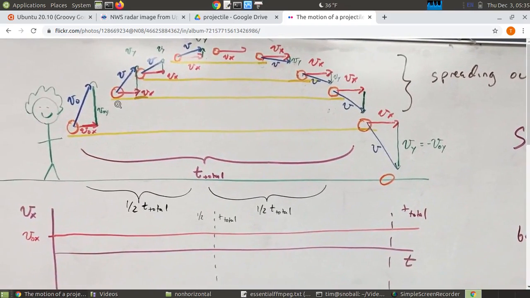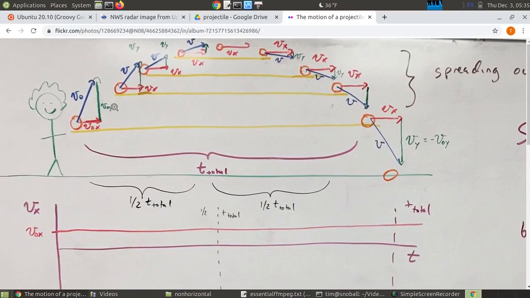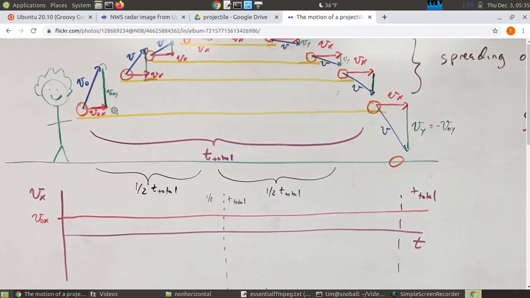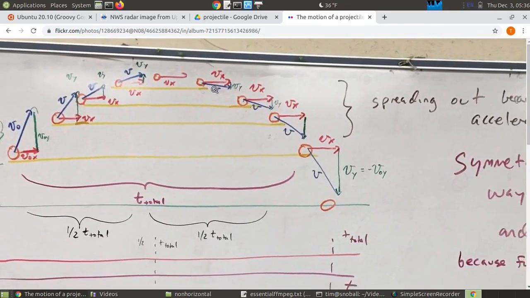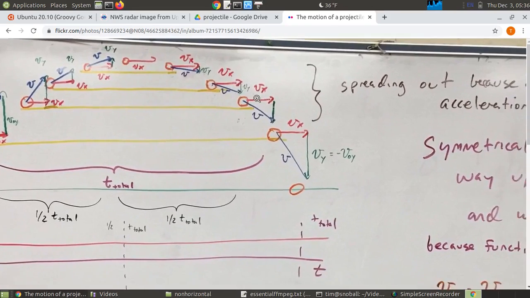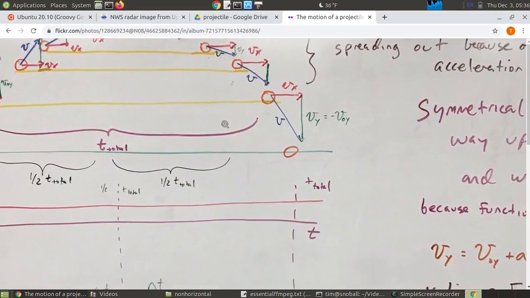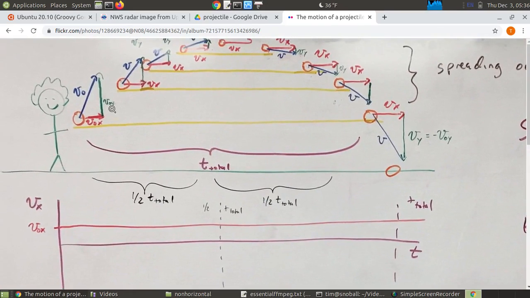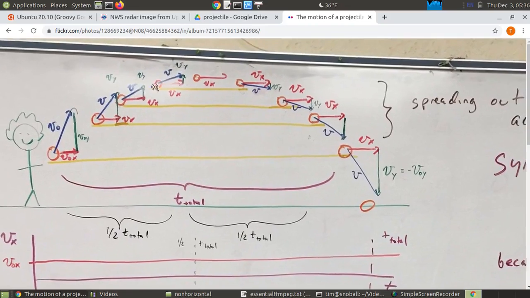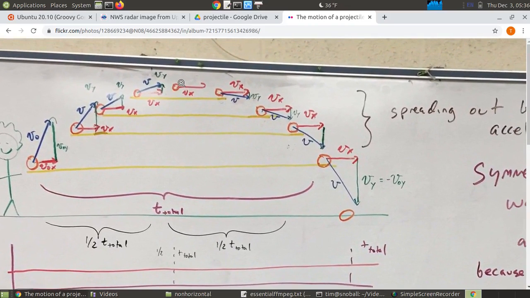But if we look at the components of the velocity, I think we really see what's going on. The horizontal velocity in red never changes because there's no horizontal force. So that component stays constant. But the vertical velocity shrinks to 0.